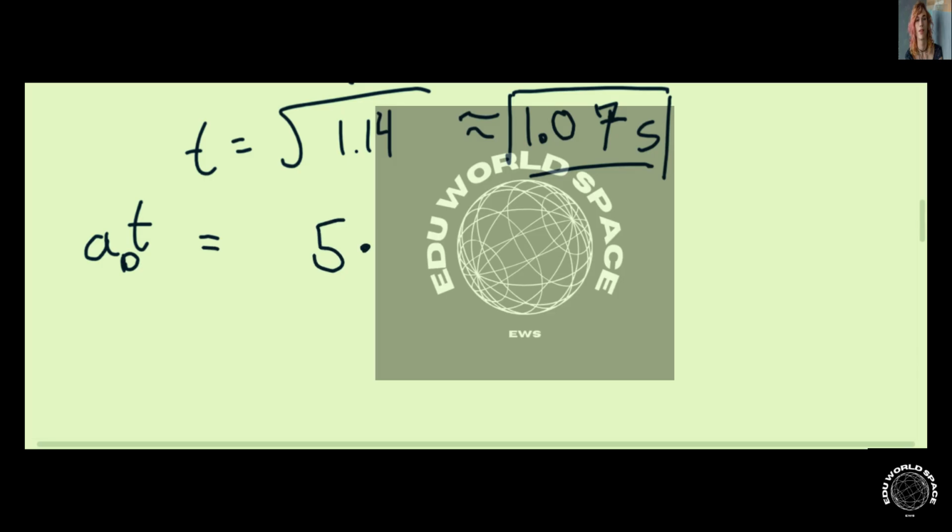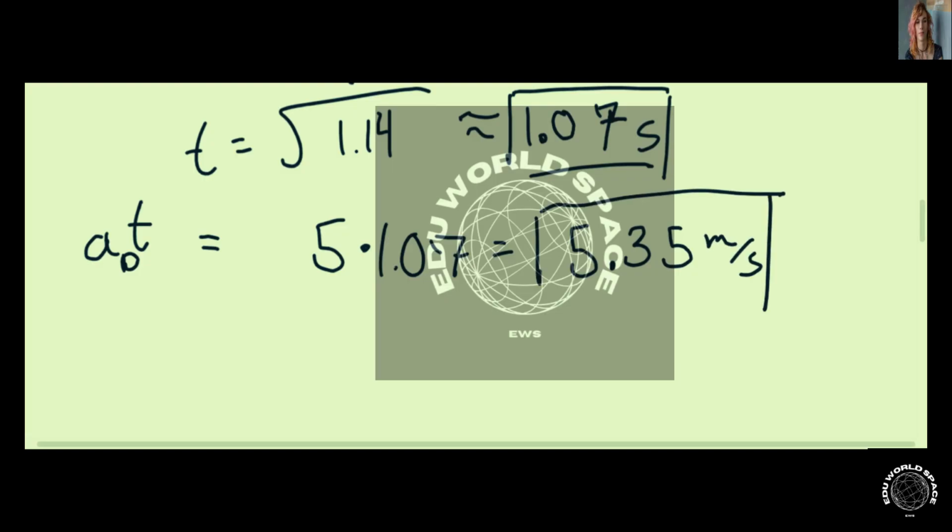It's just the constant acceleration equation. So this is just going to be 5 times 1.07, which is just 5.35 meters per second.